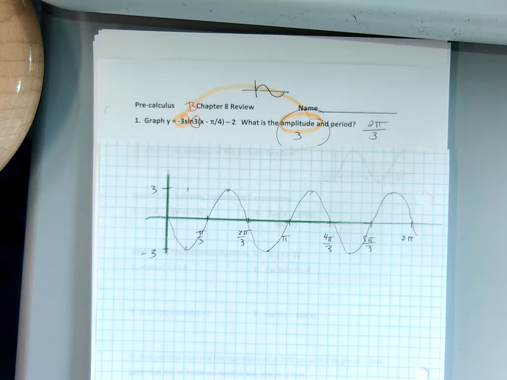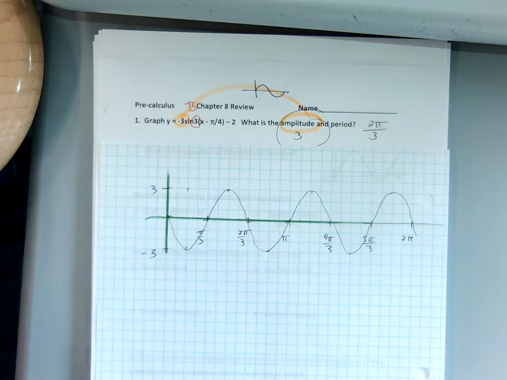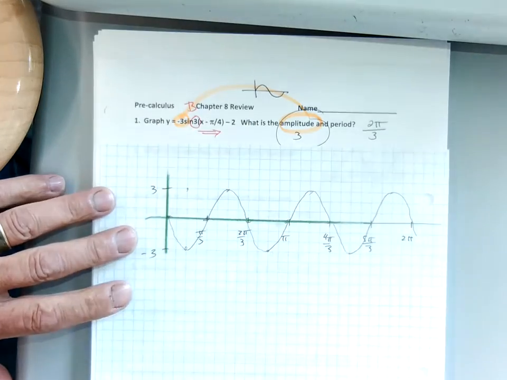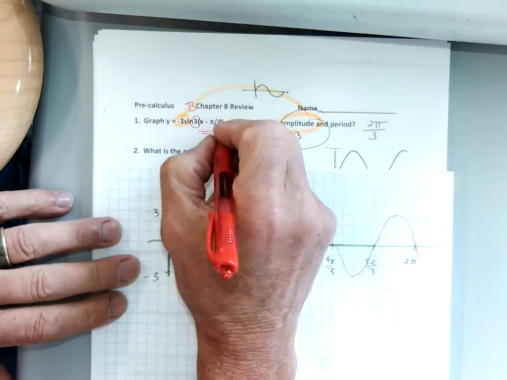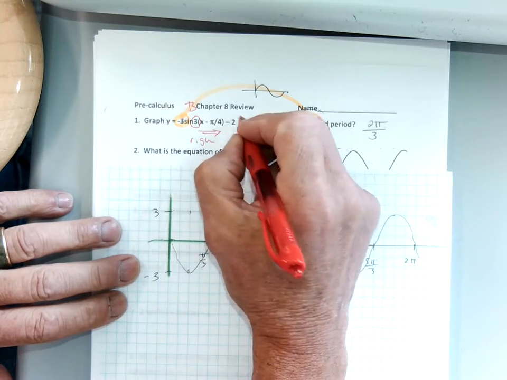Now I'm going to move it. I like to move every important point. The important points are like zeros, max, min. So I'm going to move it pi fourths forward, so I'm going to go to the right pi fourths, and I'm going to go down 2, okay?